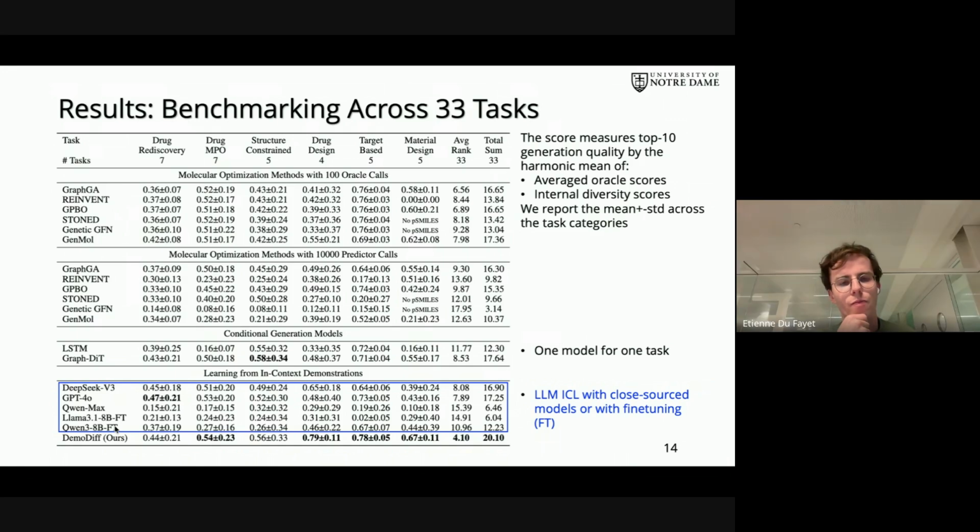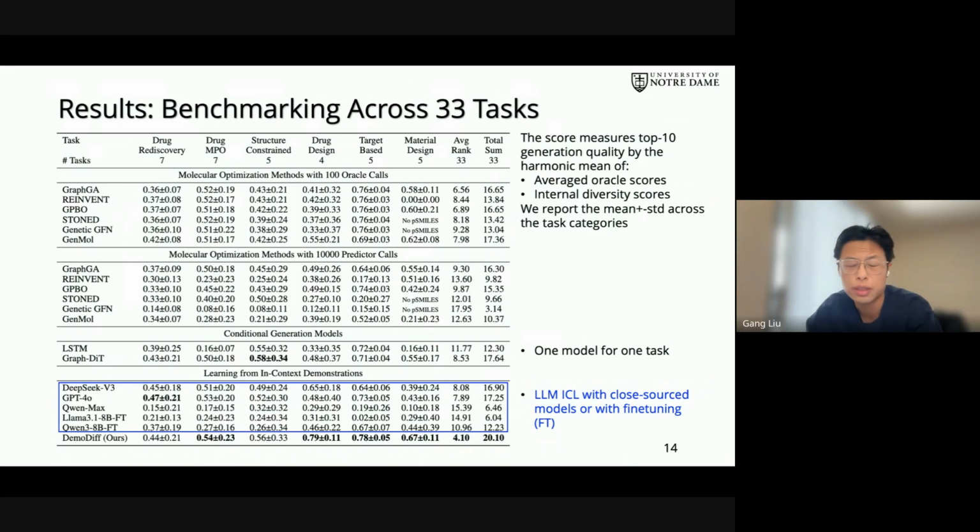Thank you for the question. From this table, after introducing the setting, we can see some numbers. Compared to the baselines, DemoDiff is ranked 4.1 on average, and the second-best baseline is ranked around 7.